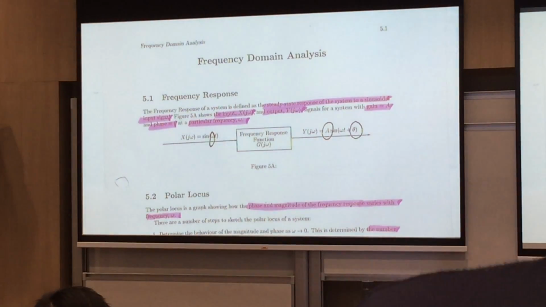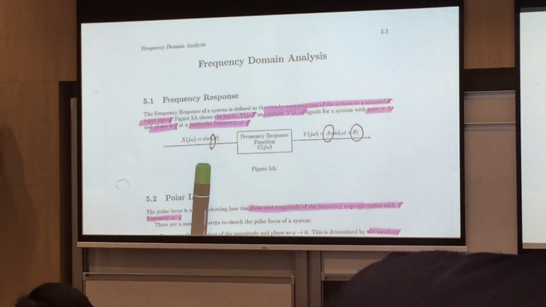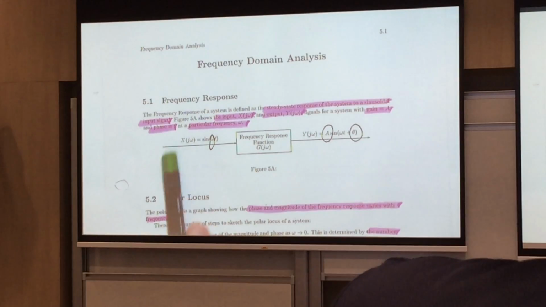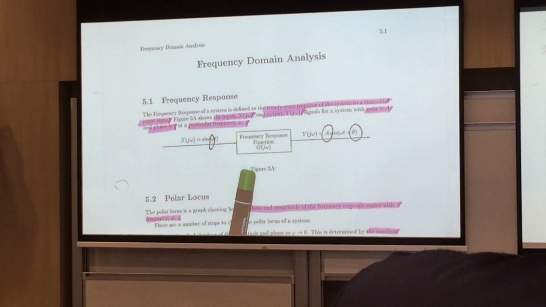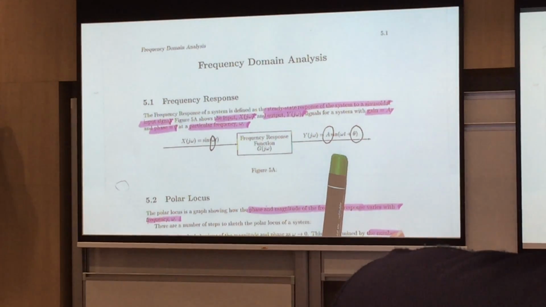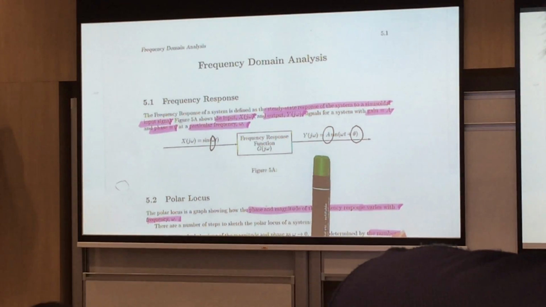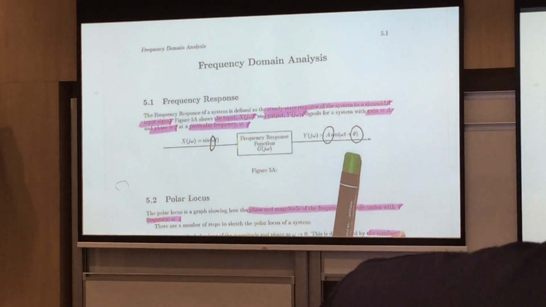We start off with explaining to you: if you have a certain input, a certain frequency, and you inject this input into your transfer function G(j omega), you get an output which is also a sinusoid. The same frequency, but multiplied with the gain of the transfer function and shifted by the phase.